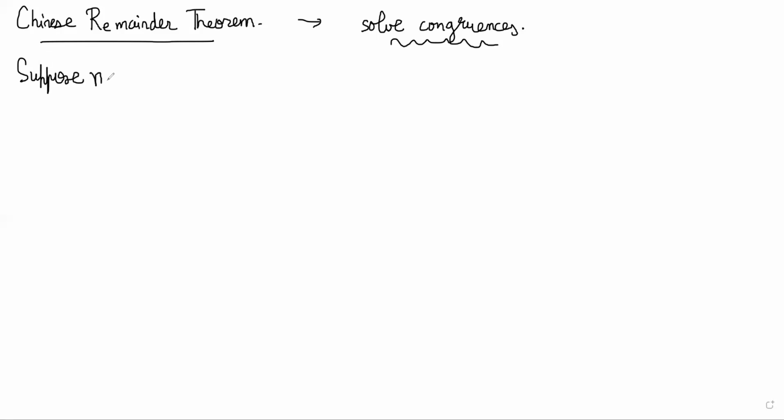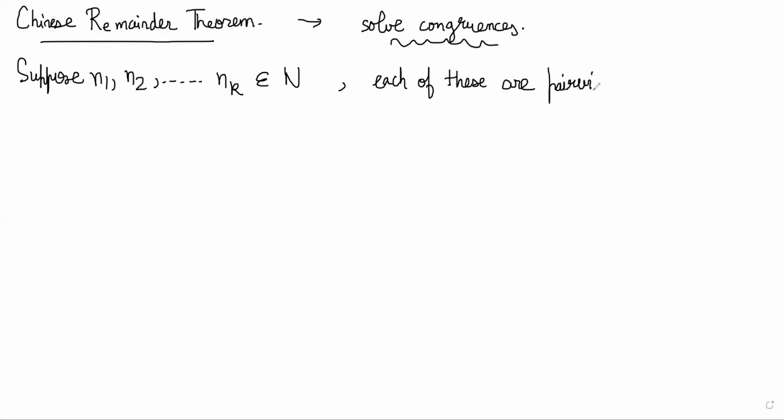Suppose n1, n2 till nk belong to natural numbers, and each of these are pairwise relatively prime.